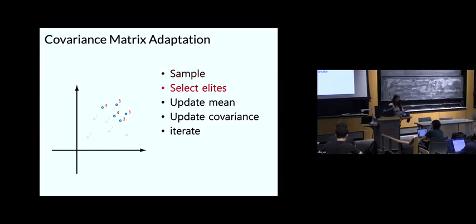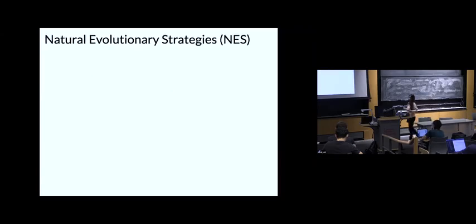I take the elites. I say I want the top 50%. Whatever survives, we call the elite of the population. And we fit a mean, and we also fit the covariance matrix. That's it. And we repeat. That's all that happens. Is this clear?